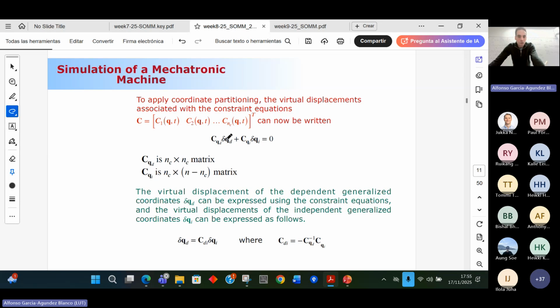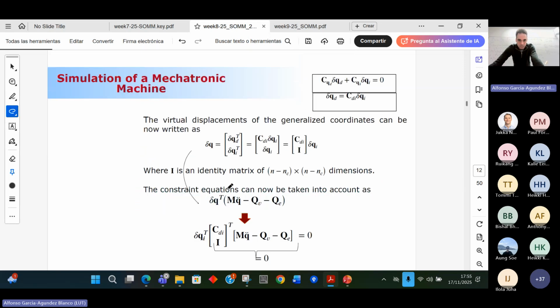Basically, isolate this delta QD as a function of delta QI, and you obtain this equation here. So delta QD is equal to this matrix CDI, which is given by this expression, times delta QI. So you have this relation between delta QD and delta QI.